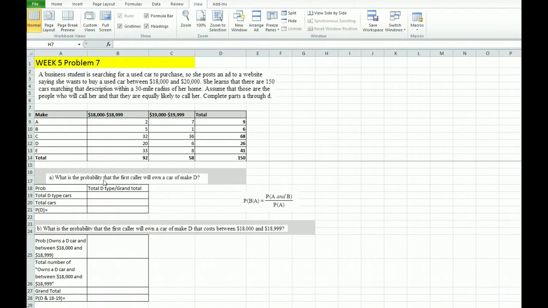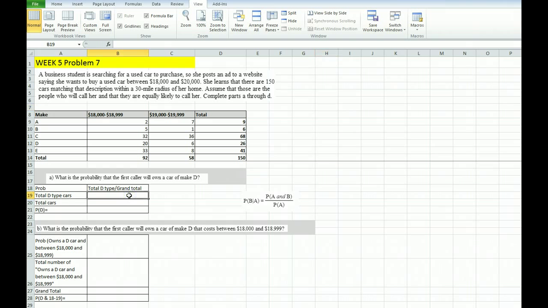What is the probability that the first caller will own a car of make D? Now the probability again is going to be equal to the number of successful chances or opportunities divided by the total number of opportunities.